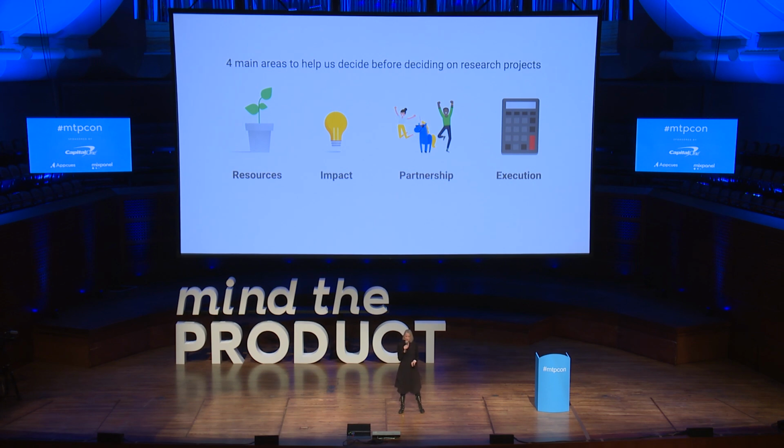Any project that comes in now to us goes through Zaina's system of management, and we talk through things in open office hours, and we get research requests, and we look at the resources we have, how many researchers we have, and what time allocation. What is the potential impact of the particular product, so we can prioritize. And we really prioritize projects where partnership with engineering and design is key.